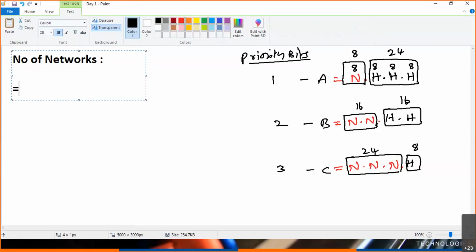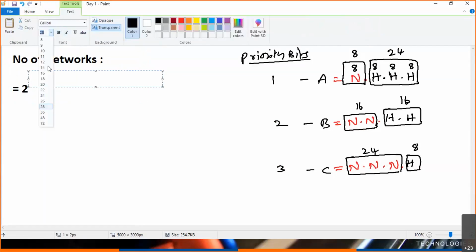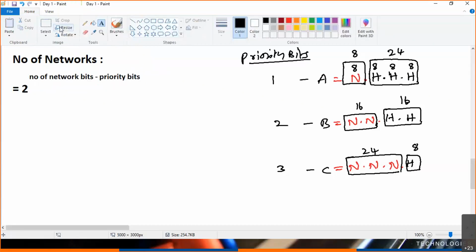That formula is 2 power number of network bits minus priority bits. It is the same formula for class A, B, C, all classes, guys. Okay, so first let me start the calculation for class A.